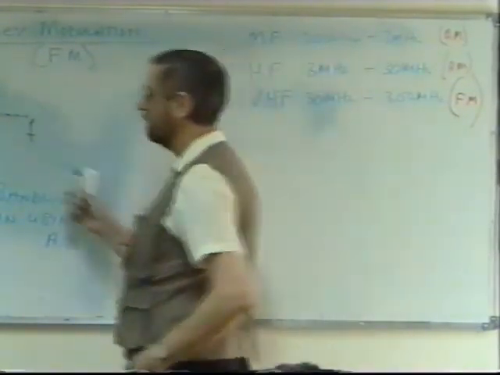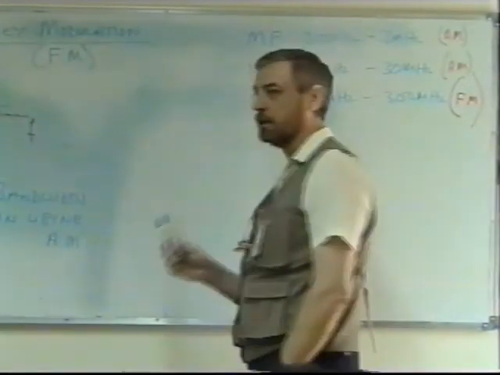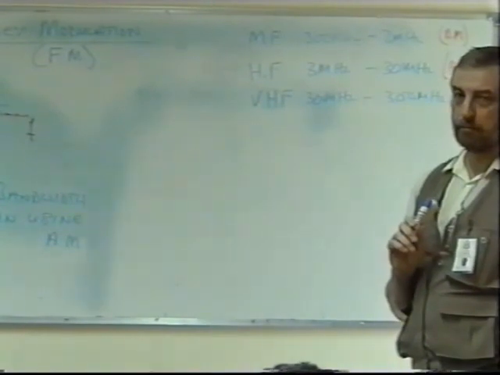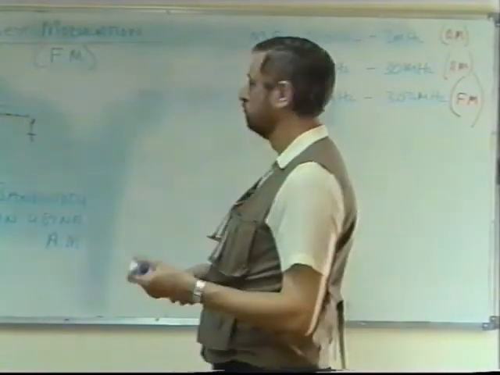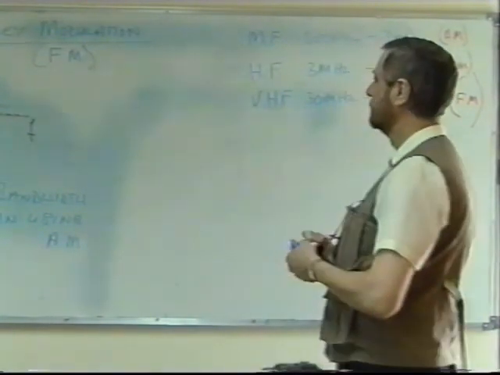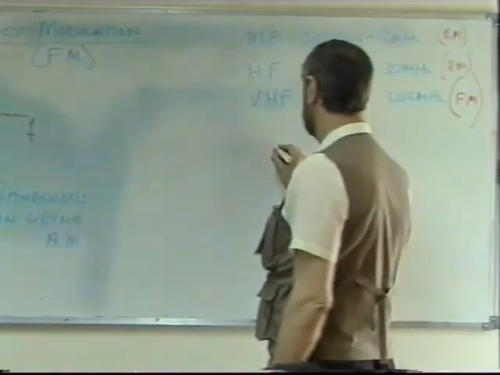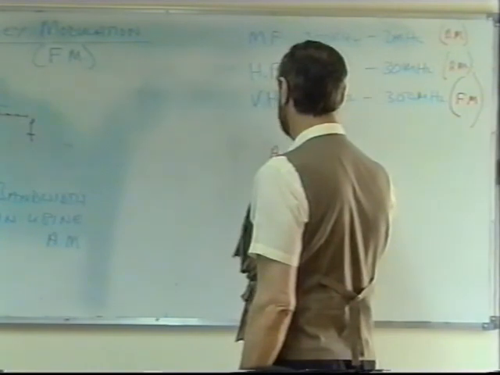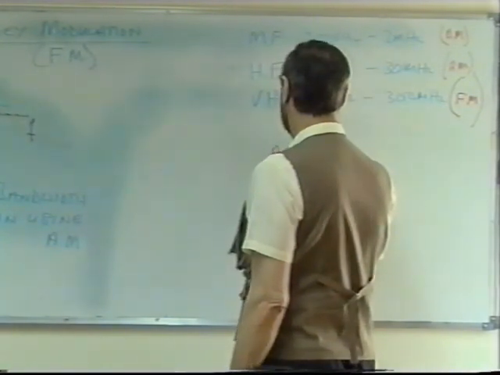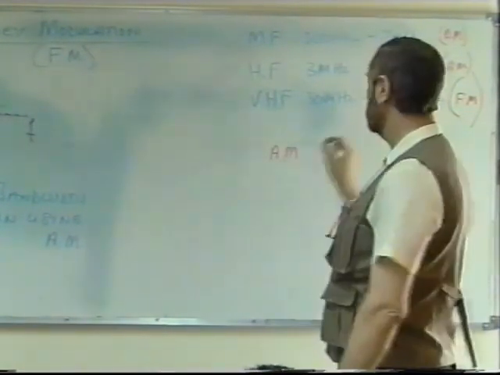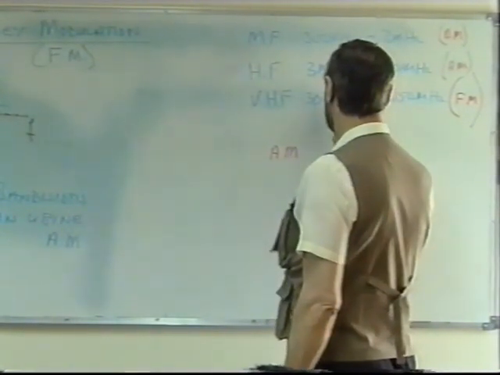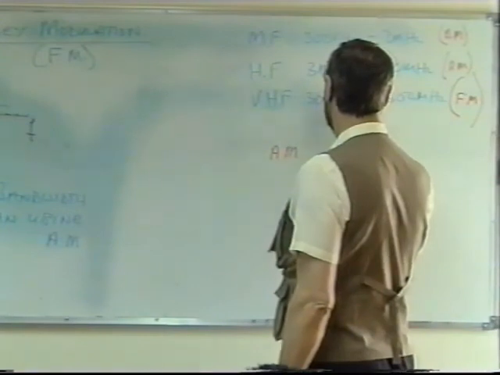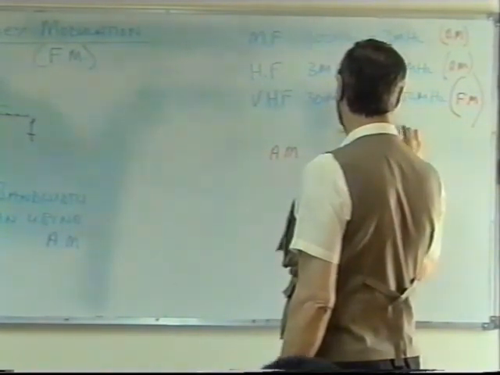Now the next question, and this brings us back to why we use FM. Why do we bother using FM if it has a wider bandwidth than AM? Why would we use FM at all? Let me give you an example. Let's say I've got a signal which goes from 1 kilohertz to 100 kilohertz.